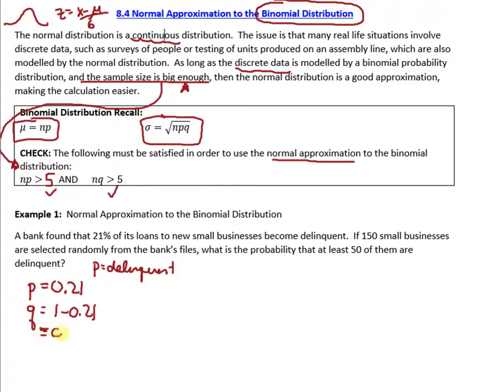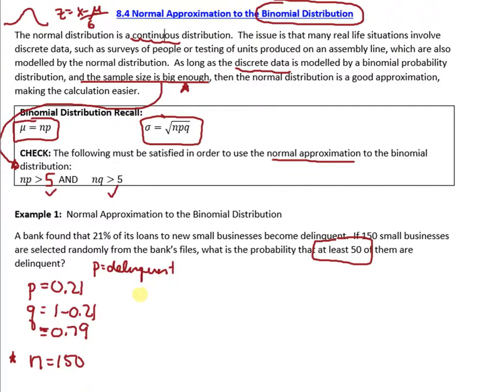If 150 small businesses are selected randomly from the bank's files, so n equals 150, what is the probability that at least 50 of them are delinquent? First, we know this is a binomial distribution because we have p, q, and n: a set number of trials and two outcomes. Success is delinquent, and failure is a good loan.